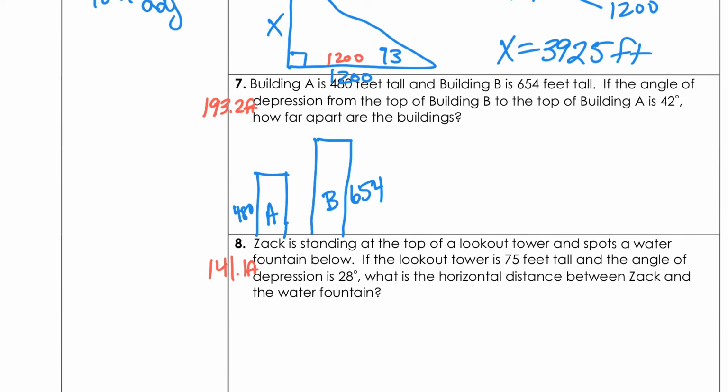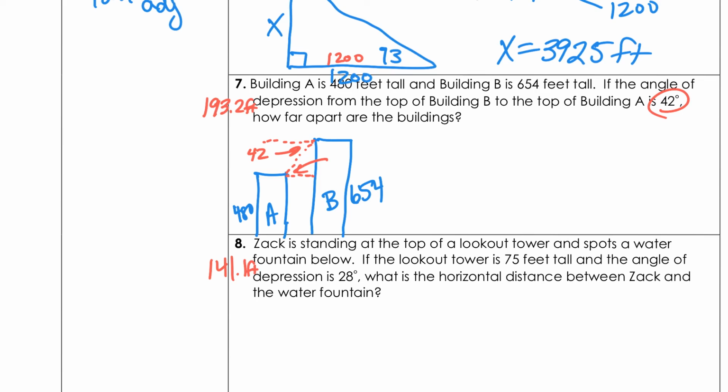If the angle of depression from the top of B, so here's the line of sight, looking down, is 42 degrees. So we can do the line here. So this angle in here is 42 degrees. So that means this angle also is 42 degrees. How far apart are the buildings with the 2 heights?